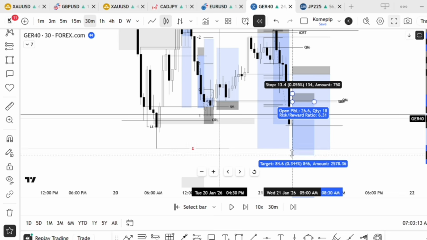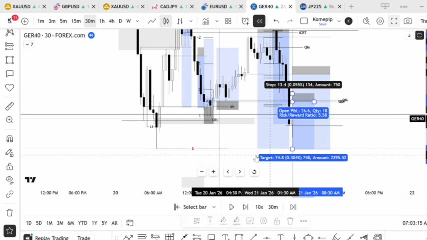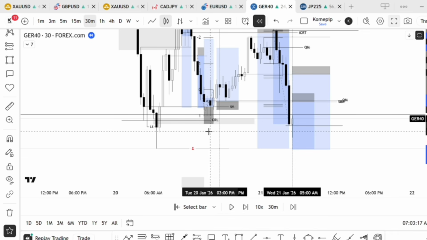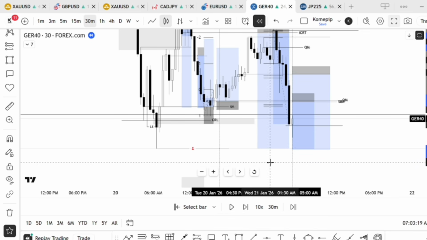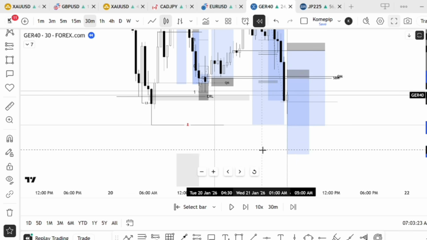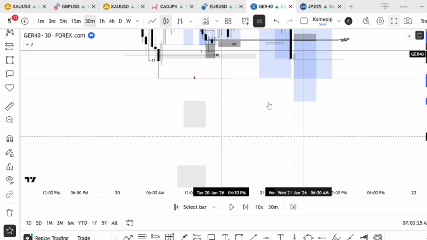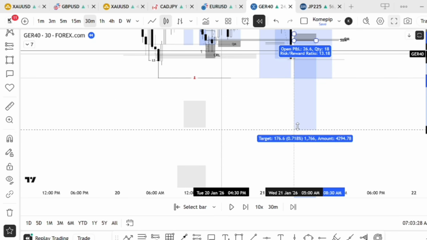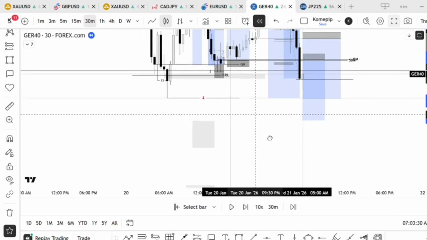And of course, where your targets can be, because this is the nearest target we could think of. And like I said earlier, we have standard deviations here. We can as well extend our entry or our targets into any of these standard deviations. So let's use this particular one.